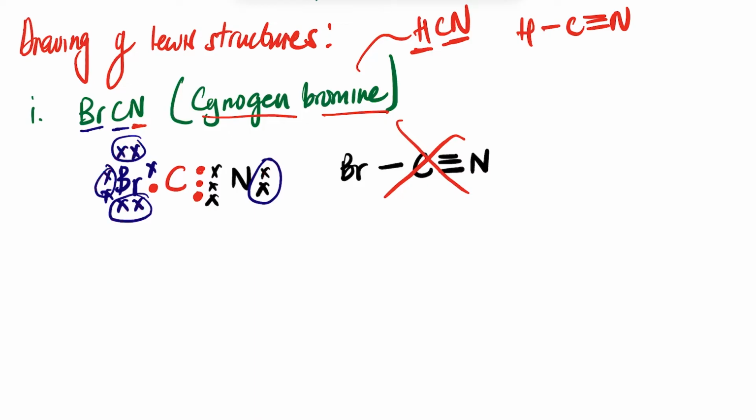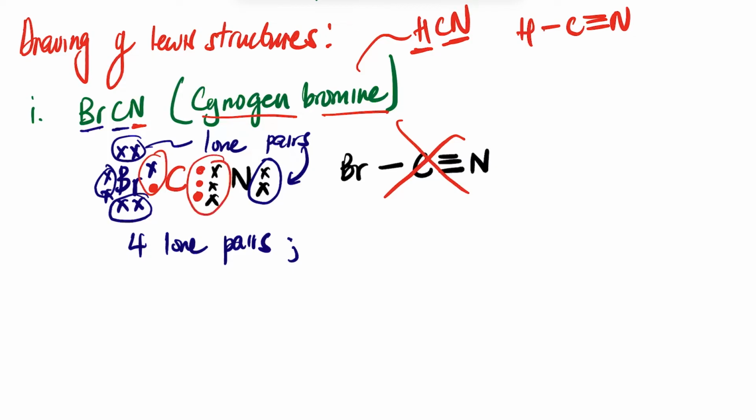And these electrons, these ones, we call them bonding pairs. How many are they? 1, 2, 3, 4. So it's 4 bonding pairs.